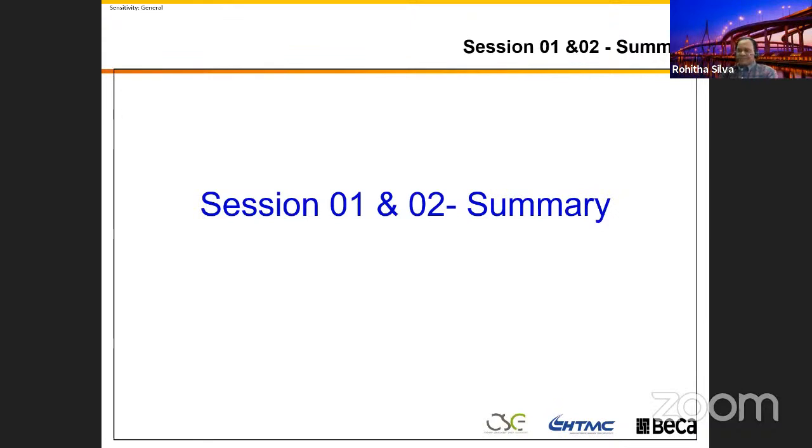In session number 2, I discussed bridge behavior. I tried to get 2 extreme ends in bridge design: the very standard form of I-girder bridges against a very rare kind of bridge, the balanced cantilever bridge.